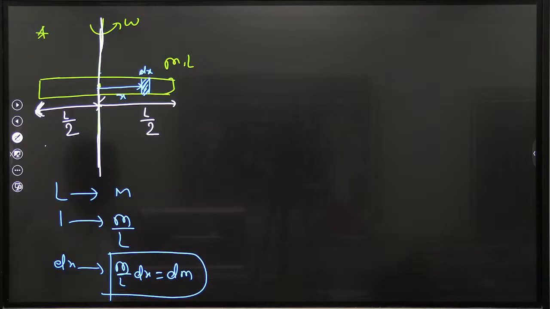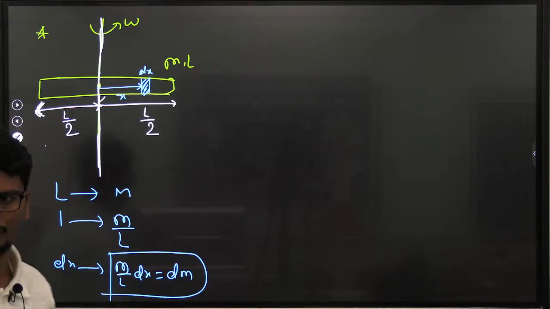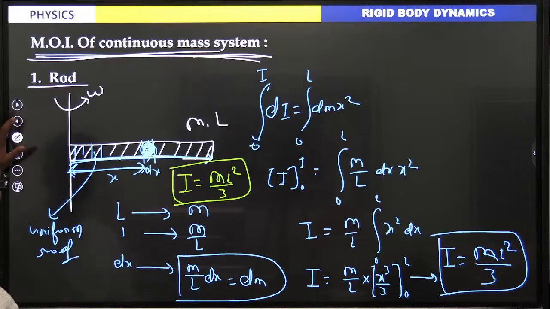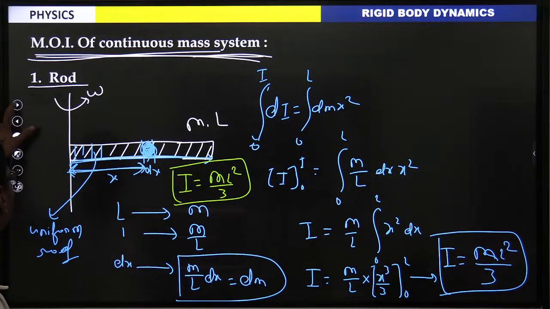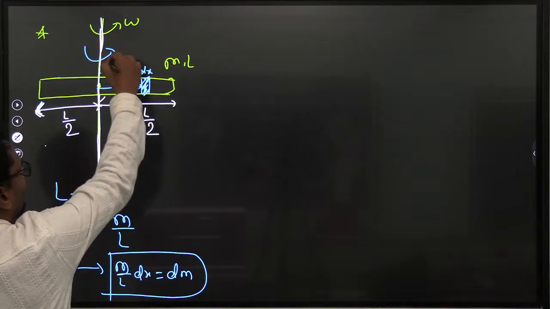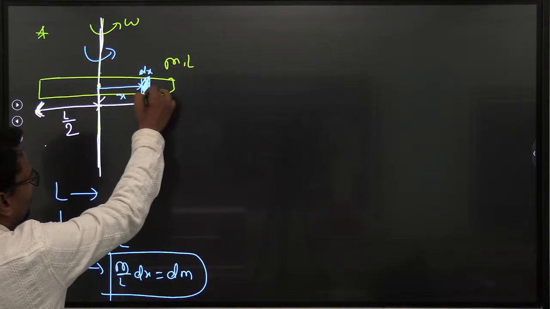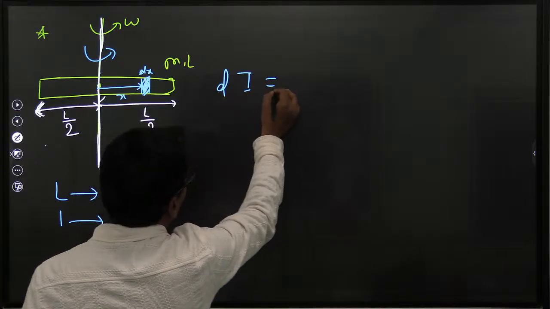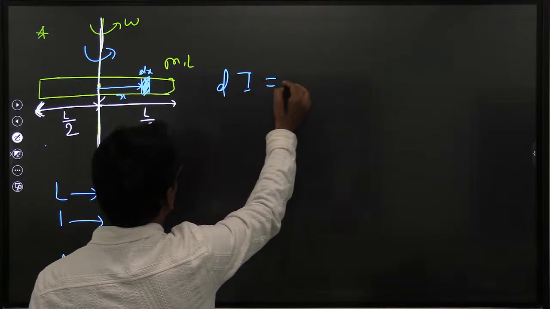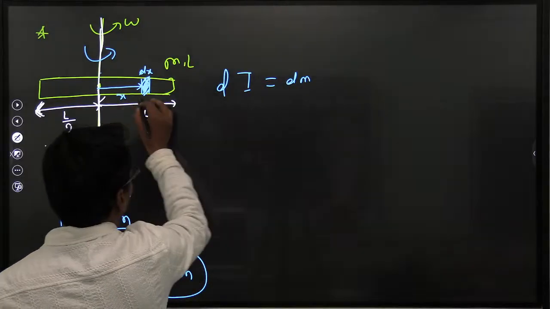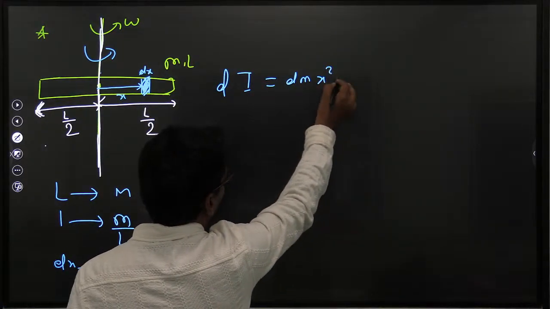Now, similarly, by the previous concept, this is a point mass about this axis, so we can find the moment of inertia of this point mass. For a point mass, the moment of inertia is very small, so let us say dI is equal to mass dm, and the distance from here to here is x, so x square.